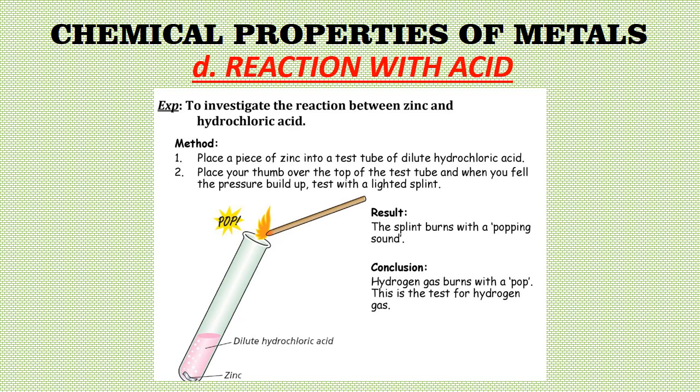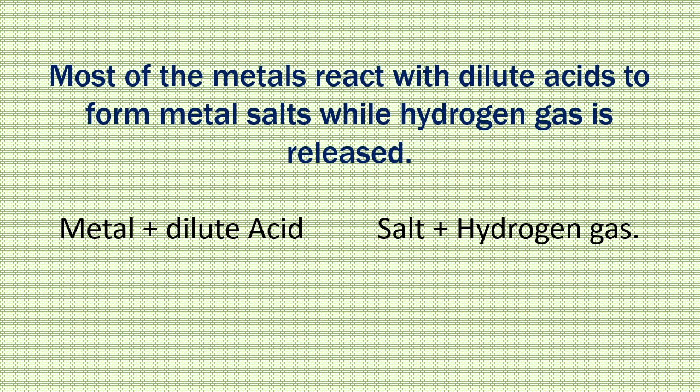What is the conclusion? Hydrogen gas burns with a pop. This is the test for hydrogen gas. Most of the metals react with dilute acids to form metal salts while hydrogen gas is released. See, metal plus dilute acid gives salt plus hydrogen gas.